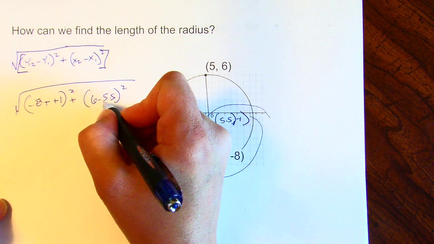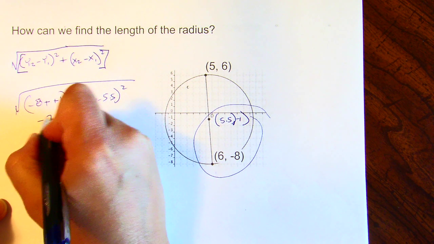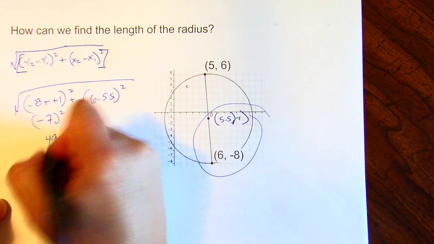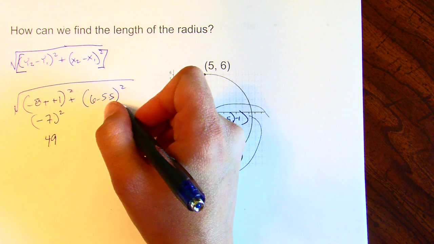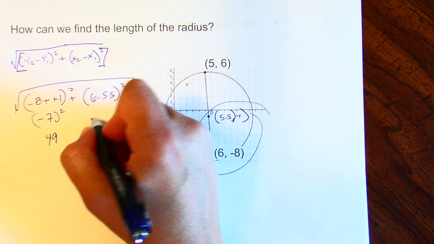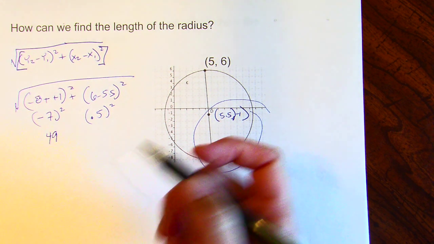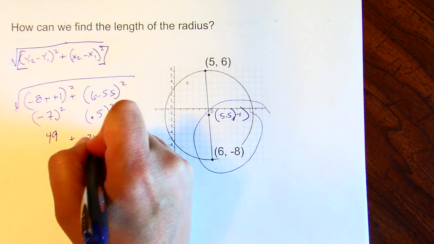On this side, I have -8 plus 1, which is -7, and I'm going to square it, which makes it 49. Over here, I've got 6 minus 5.5, which is just 0.5, and you have to square it. 0.5 squared, I think, is just 0.25. That sounds kind of weird, but there you go.